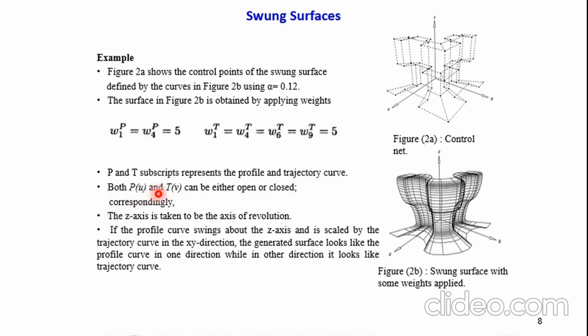Both P of U and T of V can be either open or closed correspondingly. The z-axis is taken to be the axis of revolution. If the profile curve is swung about the z-axis and scaled by the trajectory curve in the x and y directions, the generated surface looks like the profile curve in one direction, while in the other direction it looks like the trajectory curve.